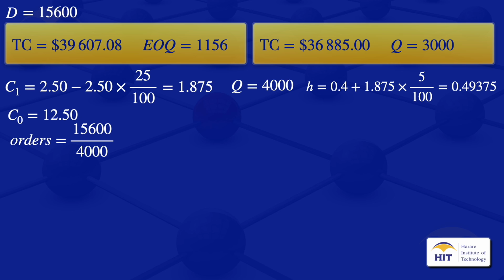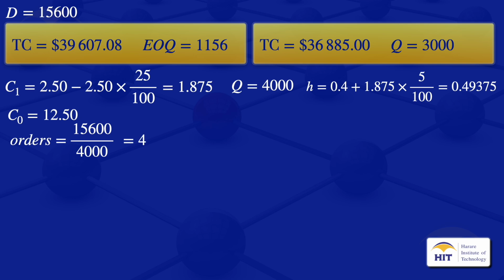So 4 multiplied by the ordering quantity, 4,000, gives us 16,000. If we take the floor value, our orders will be 3, and 3 by 4,000 gives us 12,000, which is far less than the demand. So the 12,000 won't meet our required demand. So in this case, we cannot take a floor value, we take the ceiling value. So we have that our orders there are 4.